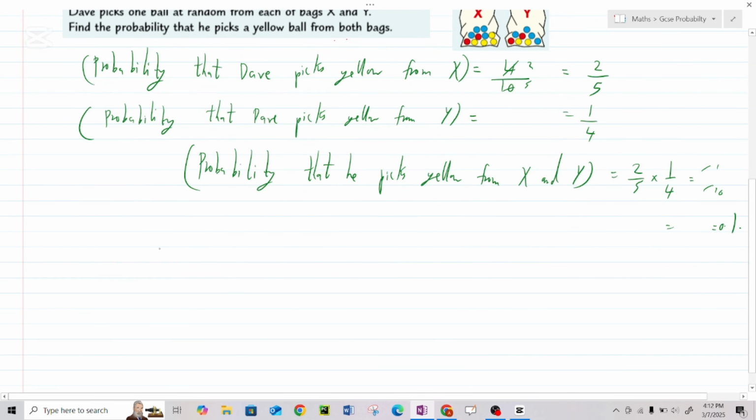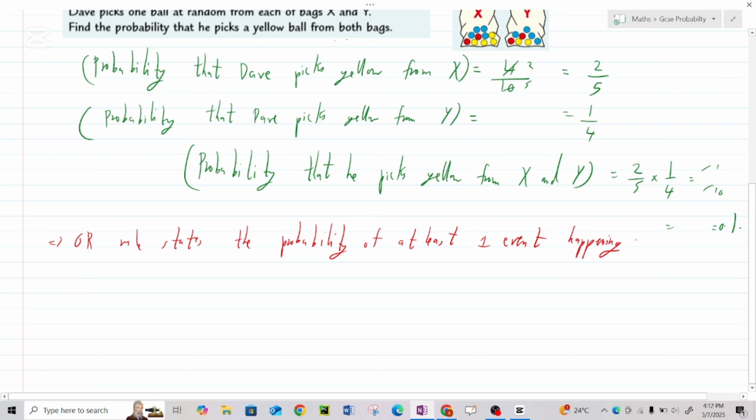Next, we're going to study the OR rule. Now, similar to the AND rule, the OR rule states the probability of one event happening, and not just one event, probability of at least, this is a keyword, at least one event happening.